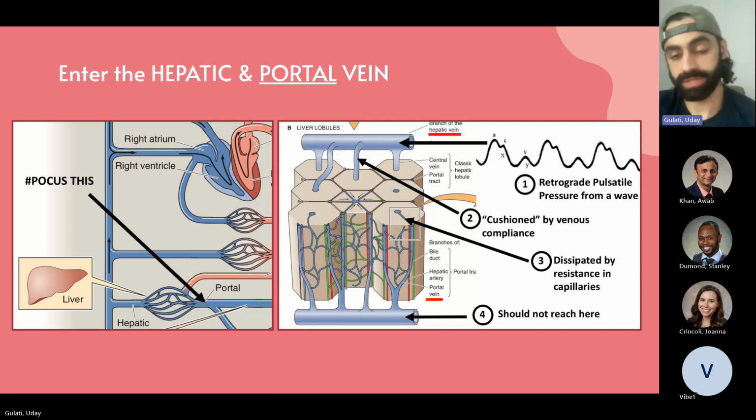Venous blood goes from the intestines into the portal vein, into the liver, and then into the hepatic vein, and then into your IVC and back to the heart. So going past the liver into your portal veins, in a normal person, your venous compliance should get rid of that pulsatility.